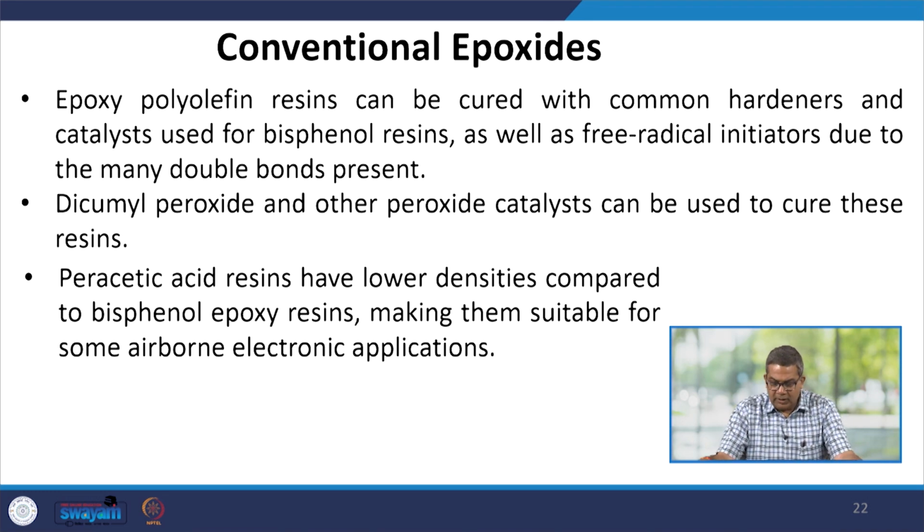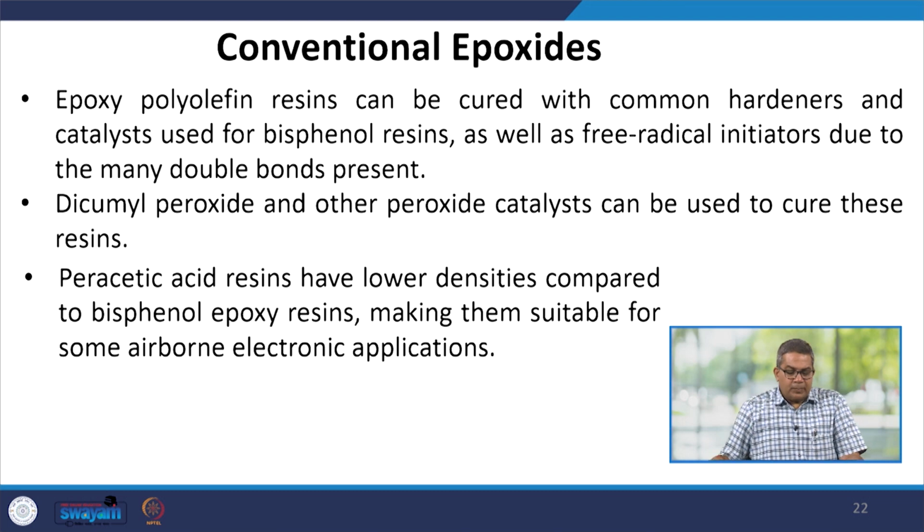Epoxy polyolefin resins can be cured with the common hardeners and catalysts used for bisphenol resins, as well as free radical initiators, due to the many double bonds present. Dicumyl peroxide and other peroxide catalysts can also be used to cure these resins.